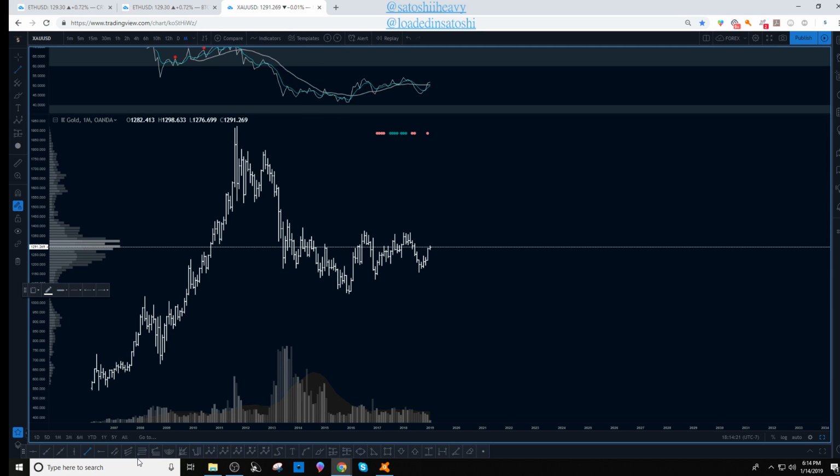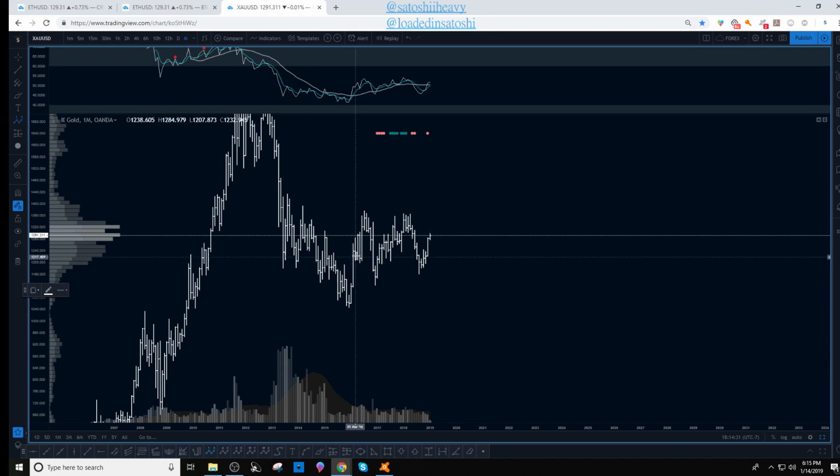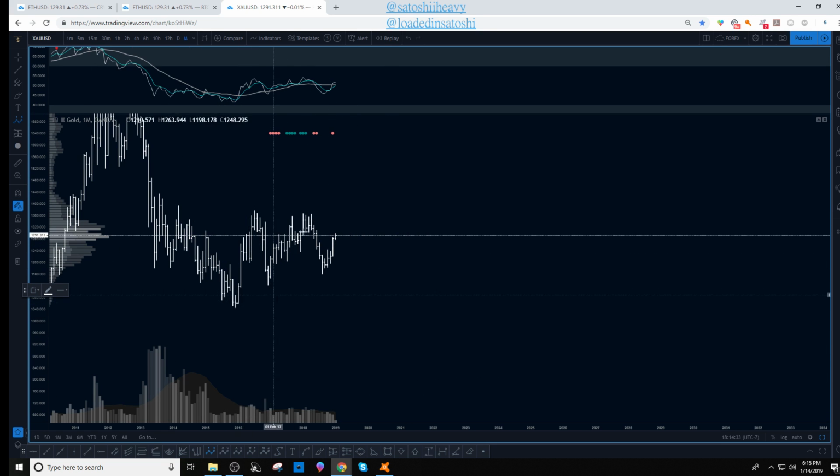This could be a clean 1, 2, 3, 4, 5. You're talking an ABC. When I see this, you could say this is the complete ABC, truncated C. But I'm more willing to say this is an A, this is B, and now we're moving for C here.